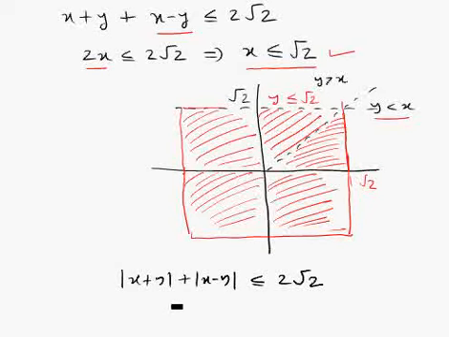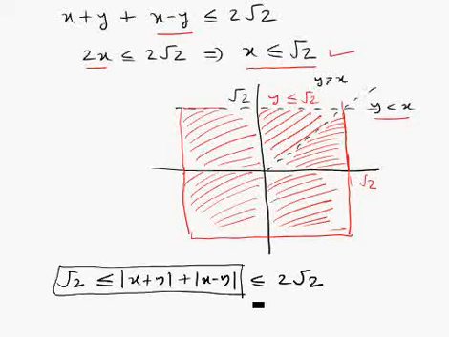Now we have to make sure that this is greater than or equal to root 2. If we plot this, the only difference comes when you make the first case, y greater than x. Instead of less than 2 root 2, we'll get y greater than or equal to root 2 over 2.